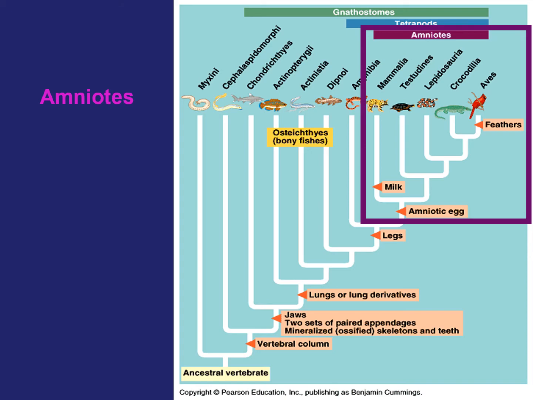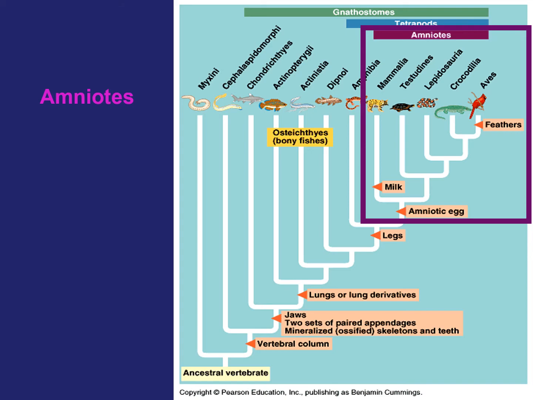In any case, in order to move onto very, very dry land, animals needed to evolve a shell, a sturdy shell that would protect the egg from drying out. And the very first chordates that did that are known as the amniotes.